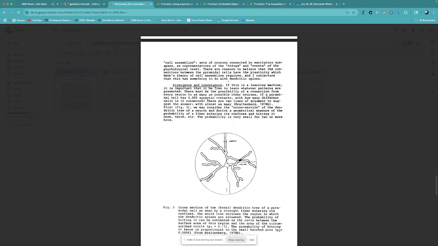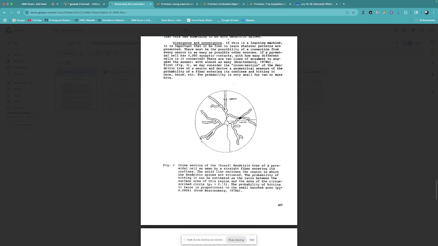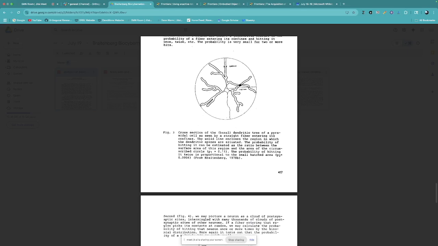So I think this is a picture of this where you have this dendritic tree and you look at the architecture of the tree and see how many times it intersects, and you're getting a measure of the full connectivity of the cortex.